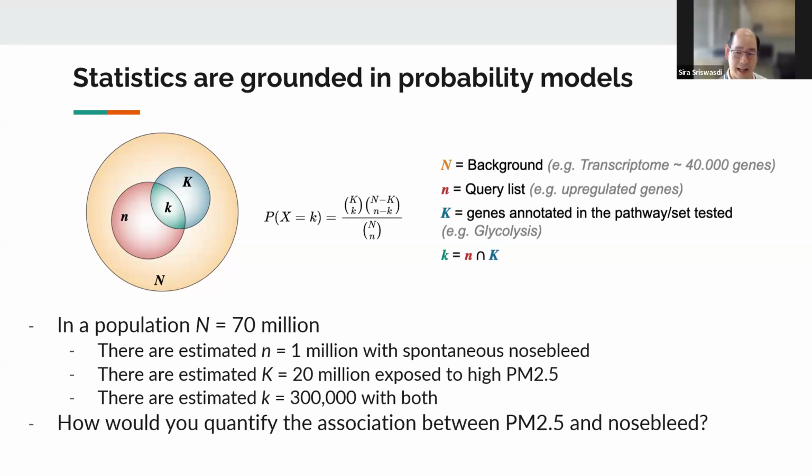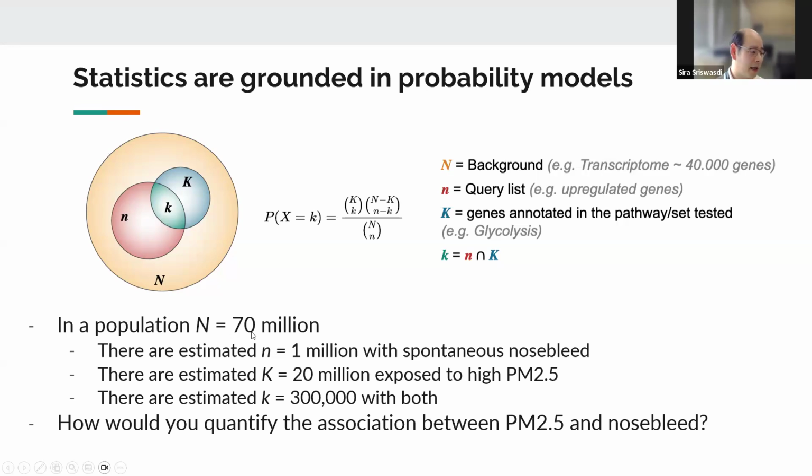What do you mean by enrichment? Underneath that simple question, there is a probability model. It's actually called the hypergeometric distribution, but you don't have to worry about the names. It describes how you can calculate, if you have a certain number of genes belonging to a biological function, how that translates to statistical significance.